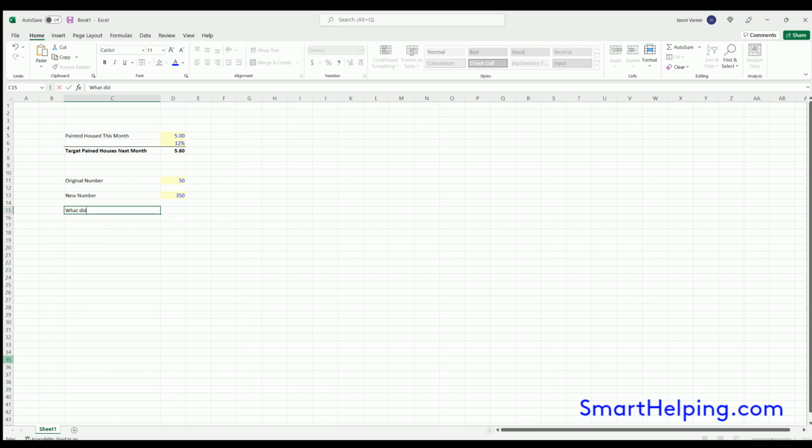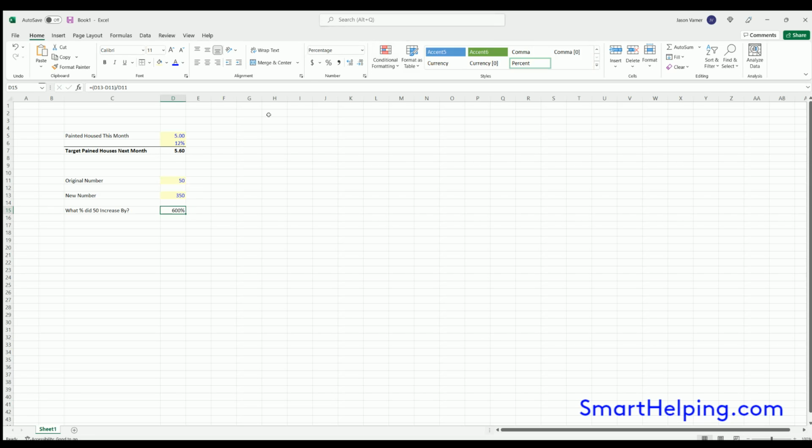What did 50 increase by? What percentage? Well, to do that, we simply say equals, and we want to know the difference between the two. So 350 minus 50 is the amount it increased by, which in this case is 300. And then to figure out the percentage, we divide 300 by the original amount of 50.